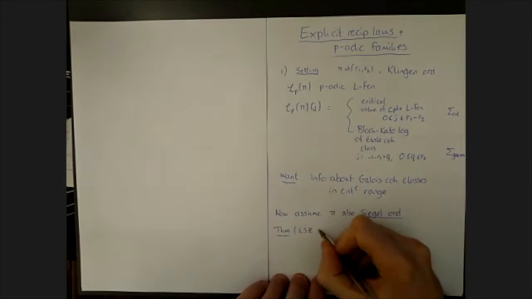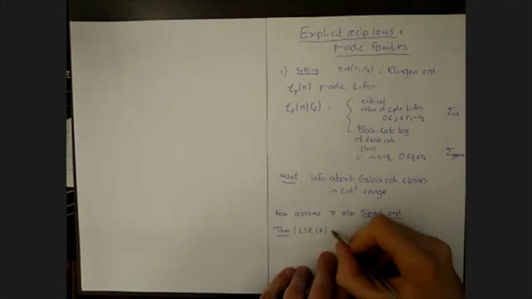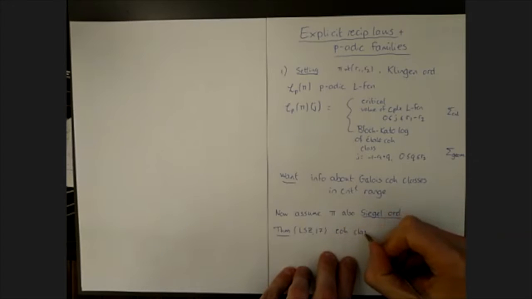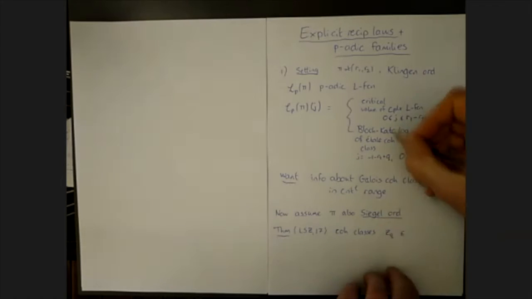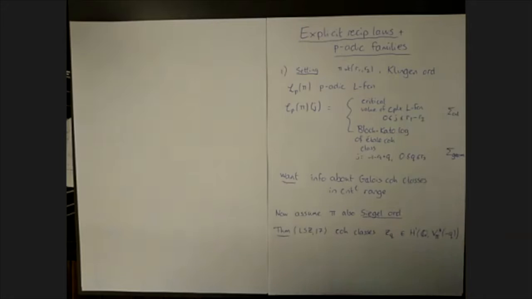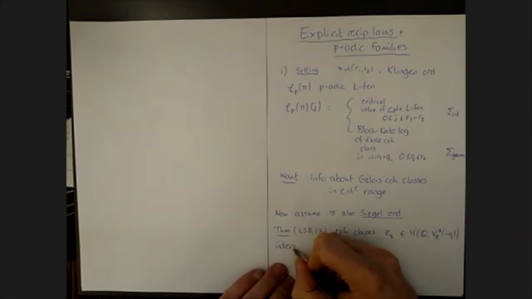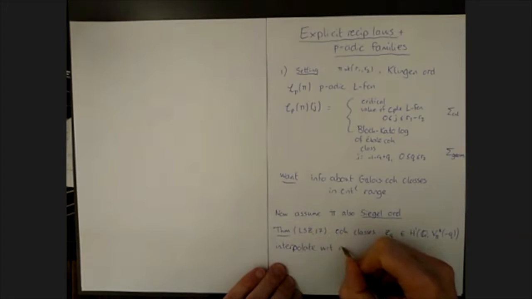I'll just write LSZ because it's the same citation as in Sarah's talk. If I write z_q for the class in cohomology, which is in H^1 of the representation of π* twisted by −q, these interpolate.